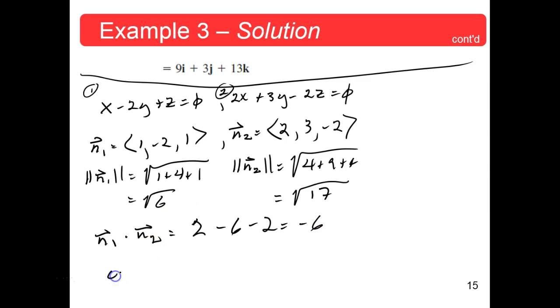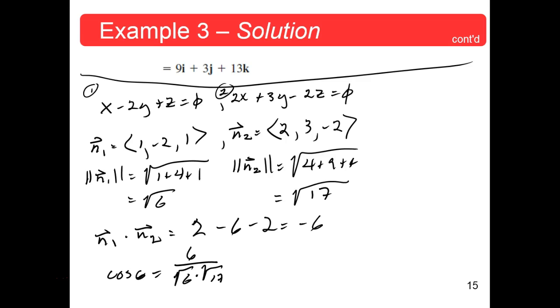So the cosine of the angle in between those two is going to be the absolute value of this, which is 6 over root 6, root 17. What a lovely number. Pull out your handy-dandy calculators, see what that is, and then do an inverse cosine of it.